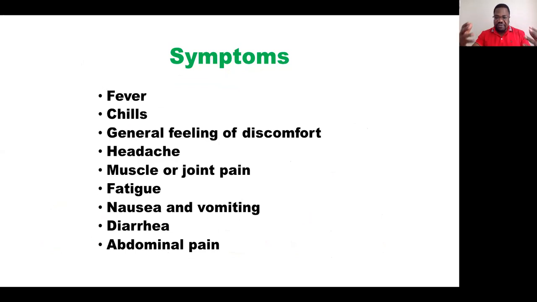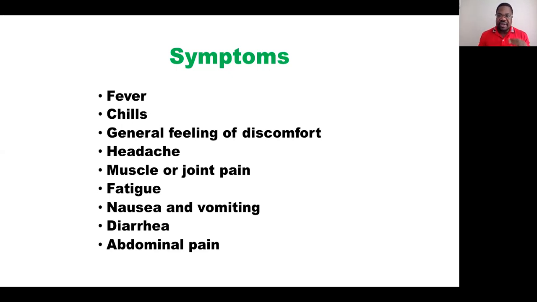The patient will develop fever and chills, a general feeling of discomfort or malaise. Then the patient will have headache, muscle or joint pain, and fatigue. If we are dealing with children, usually children develop nausea and vomiting, diarrhea, and abdominal pain. But the most critical sign is fever.